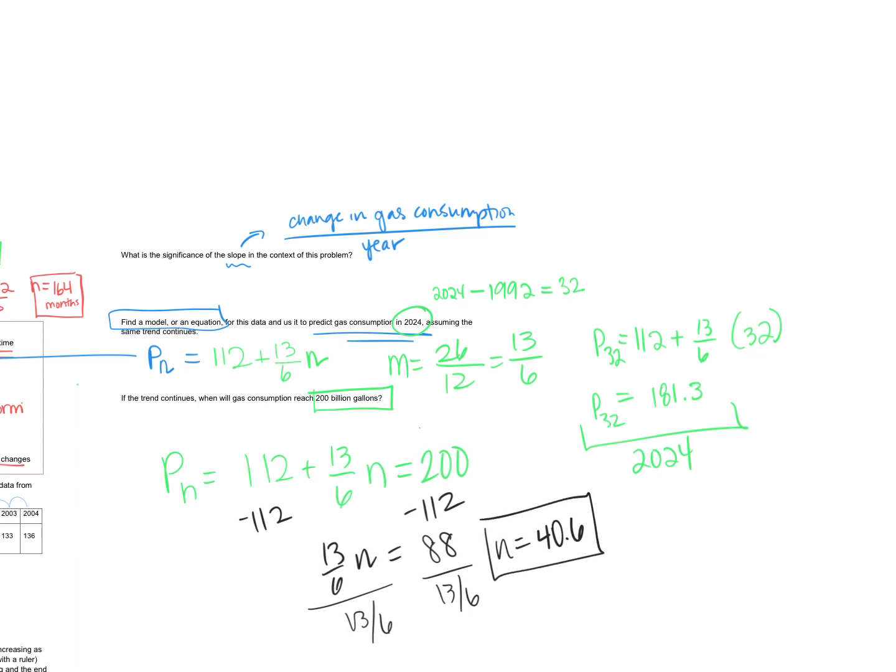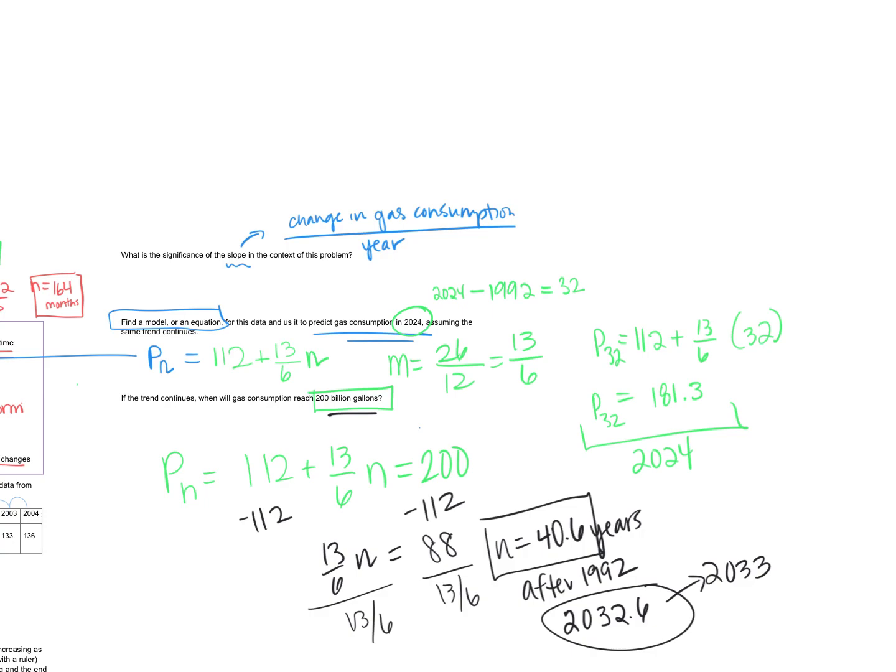That's the number of years after 1992. So 40.6 years from there will be 2032.6. So really by 2033 we would be at that consumption of 200 billion gallons.